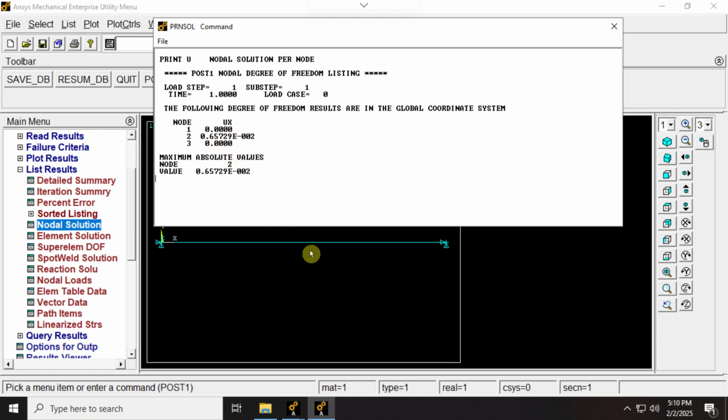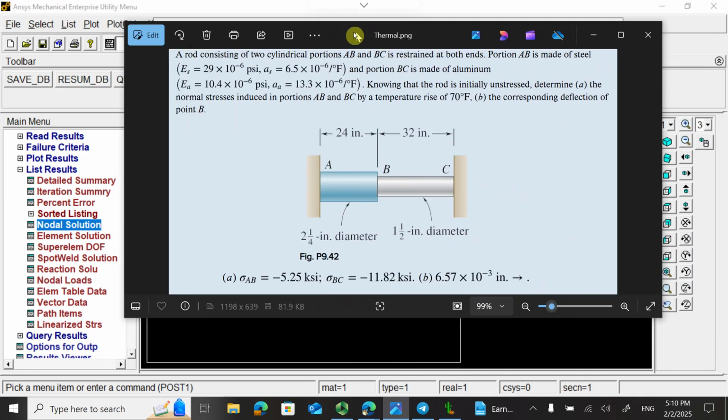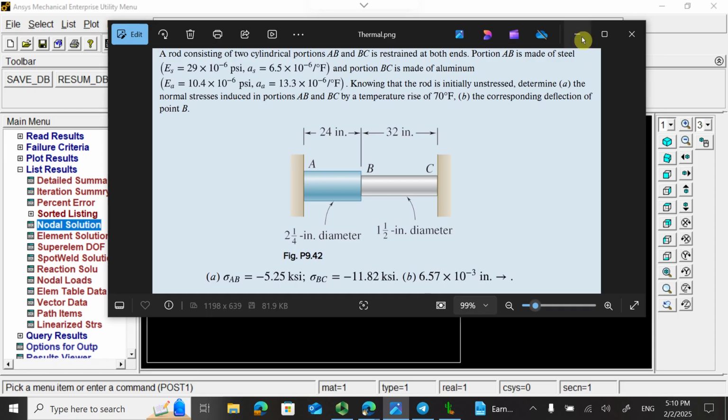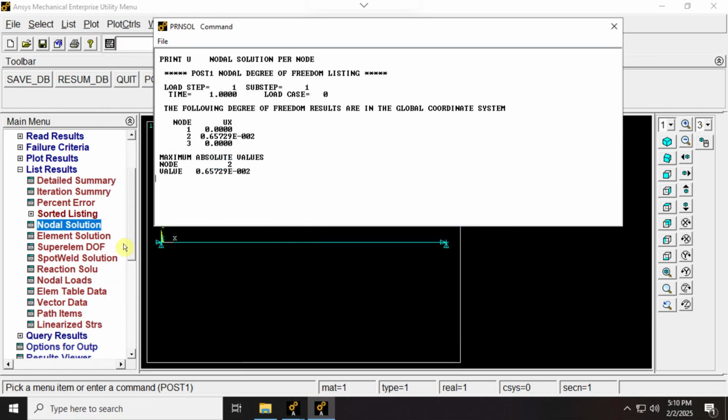Point B, you see displacement is 0.0065, or 6.5 times 10 to the negative 3. This is what we had from the hand calculation. So let me show you, it's 6.57. So that is right. And the right point, also connected to the wall, doesn't move.